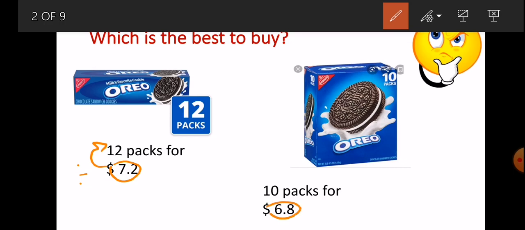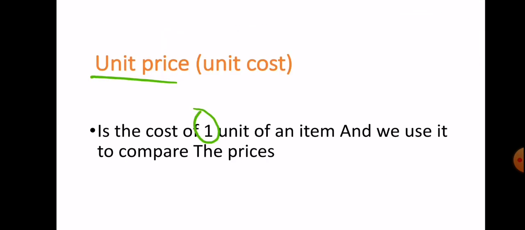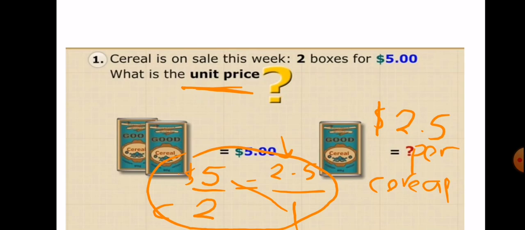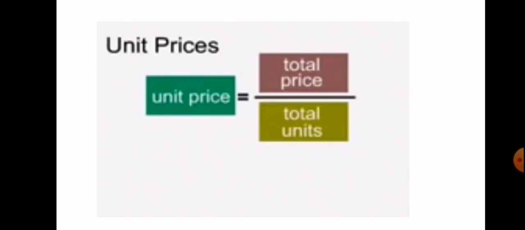Here I did 6.8 divided by 10. Also the money or the cost or the price divided by the total number of items. Okay, let's go back again. So after we finish this one, the conclusion is how to get the unit price. The total price divided by the total units will give you the unit price.